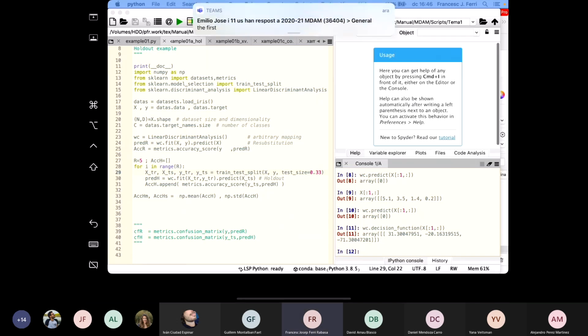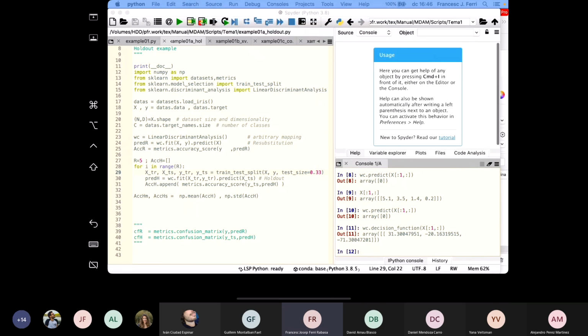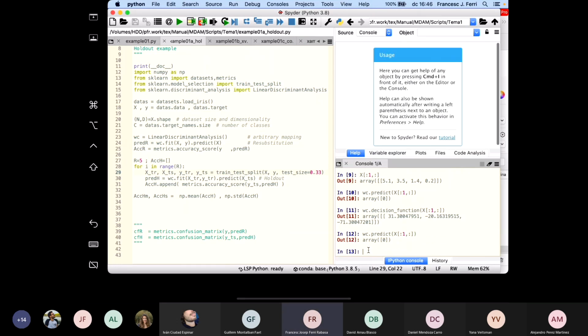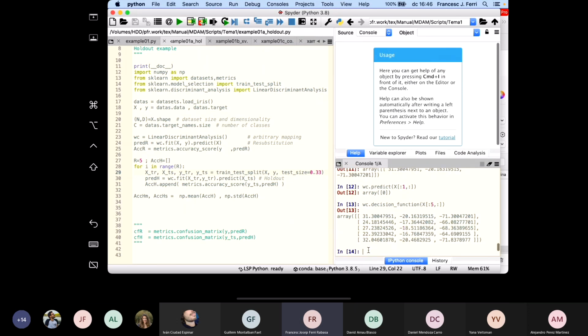The first. The third, the first, of course, the first. That's because 0 is the first. For example, if instead of just 1, we give the first 5, these are the 5 predictions.